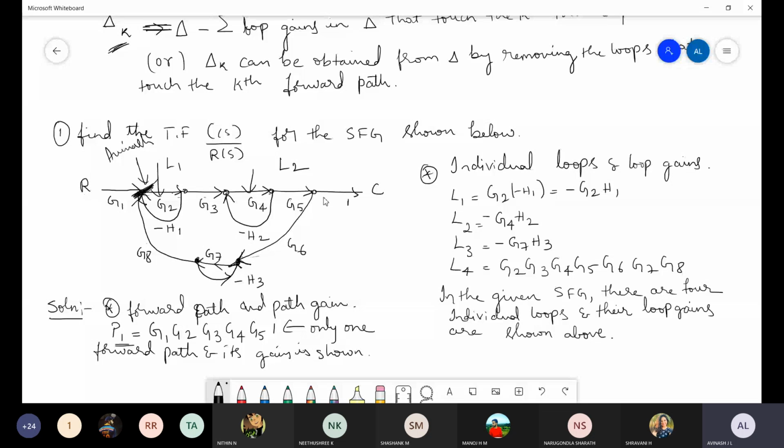Once he comes through G6, G7 also he can come. And through G8 he can reach the same point. So now I started at this particular point, traveled and traced a path without any break and joined the same point, correct? Then it is a loop. That is why I take it.